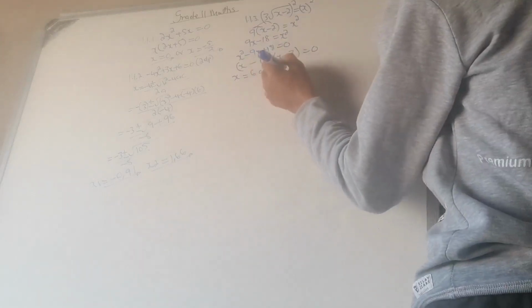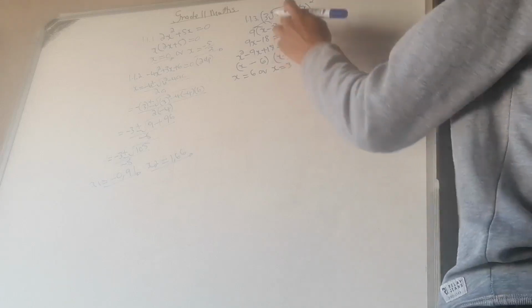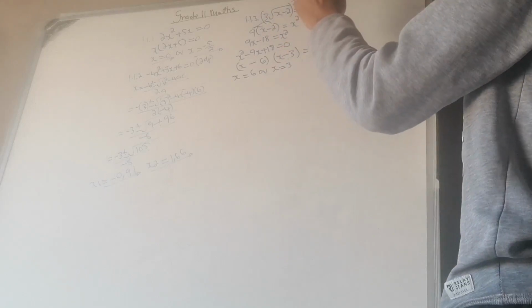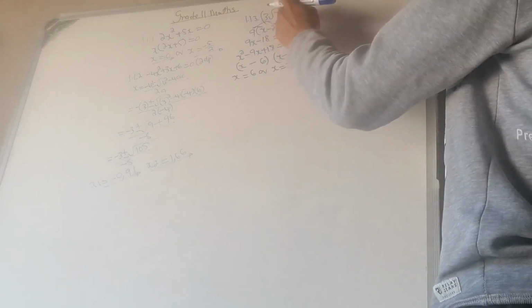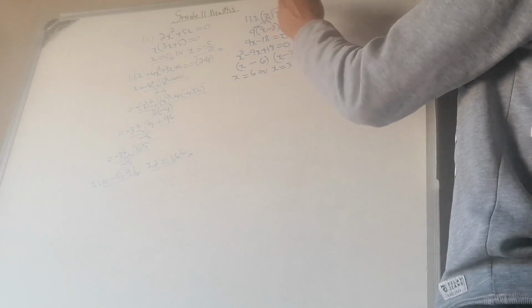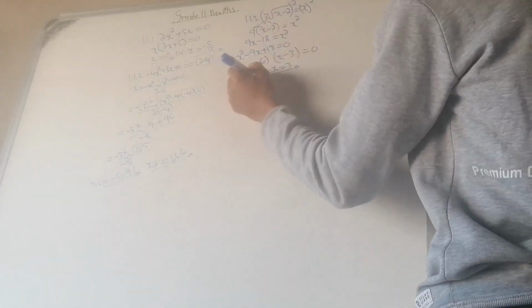So x equals 3 there. And you can say 3 minus 2, which is 1. The square root of 1 is 1. 3 times 1 is 3. So 3 equals 3. So both are part of your solution.